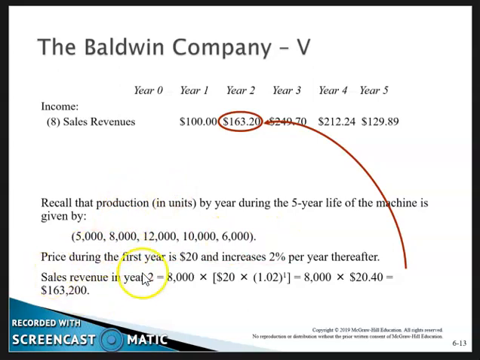The sales revenue in year two is 8,000 units times the $20 multiplied by 1.02, so the price grows at 2%. That's $20.40 multiplied by 8,000, which is $163,200.